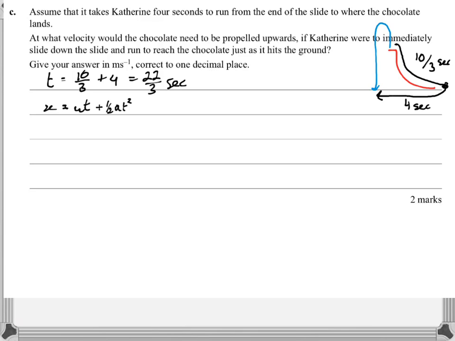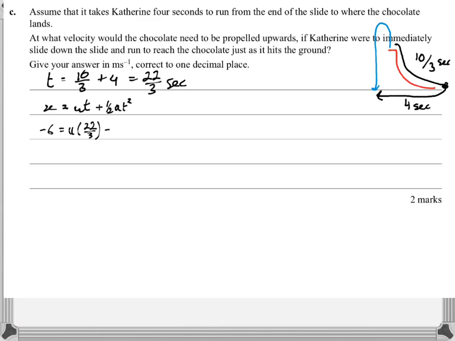As the chocolate bar travels up and travels down, your total displacement is negative 6, just like the previous question. And this is the time that Catherine has to achieve, 22 over 3, same as displacement. What is going to be the initial velocity u to obtain such a displacement for a time 22 over 3?